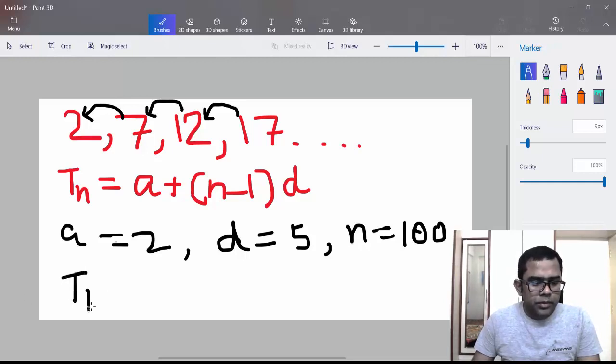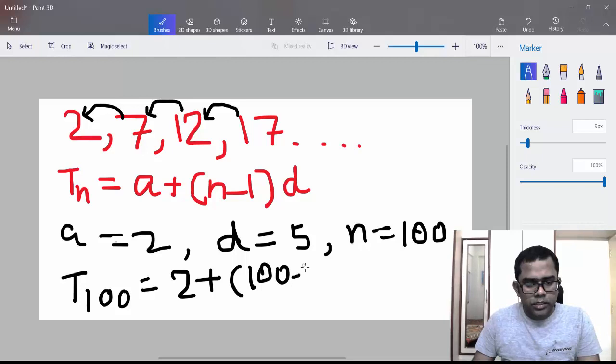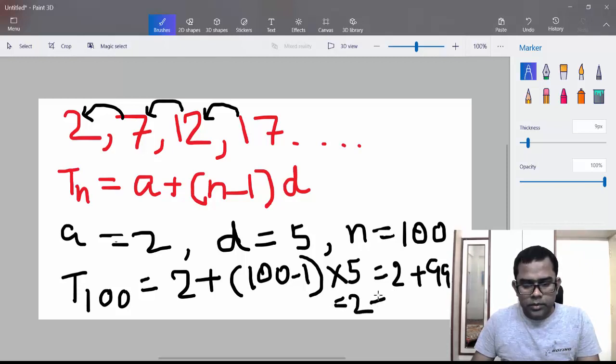So T100, we will simply apply these values in the formula above, and we can write 2 plus n is 100, so 100 minus 1 is 99, into d, 5, so that is 2 plus 99 into 5, that is 2 plus 495, and the final value is 497.